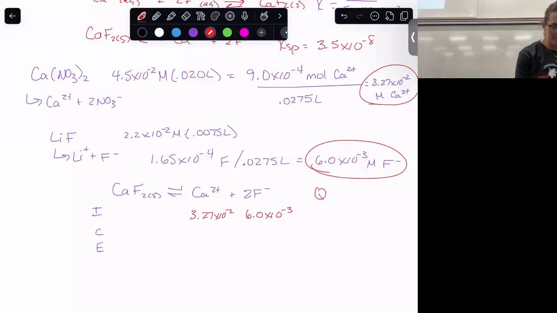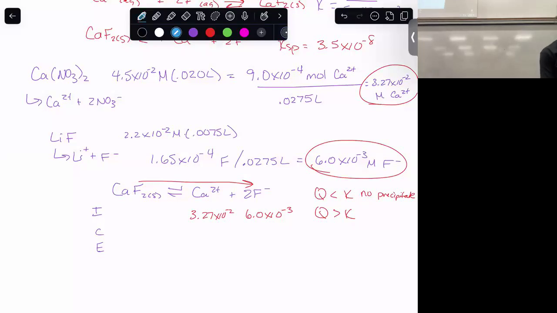So if Q is less than K, which way do we go, left or right in our reaction? To the products, right? So if Q is less than K, we're forming products. Are we forming more ions or more solid? We're forming more ions. So if Q is less than K here, then no precipitate is going to form.